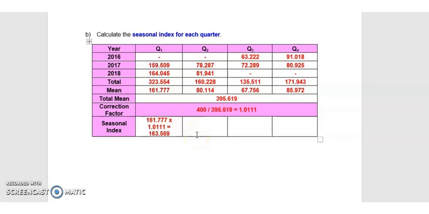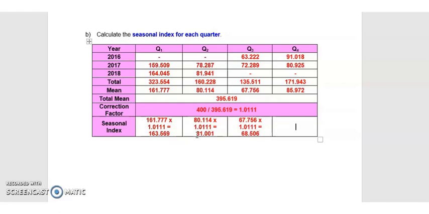Second quarter mean, 80.114, multiplied by correction factor 1.0111. So this one is equivalent to 81.001. Third quarter mean, 67.756, multiplied by correction factor 1.0111, so this one equals 68.506.